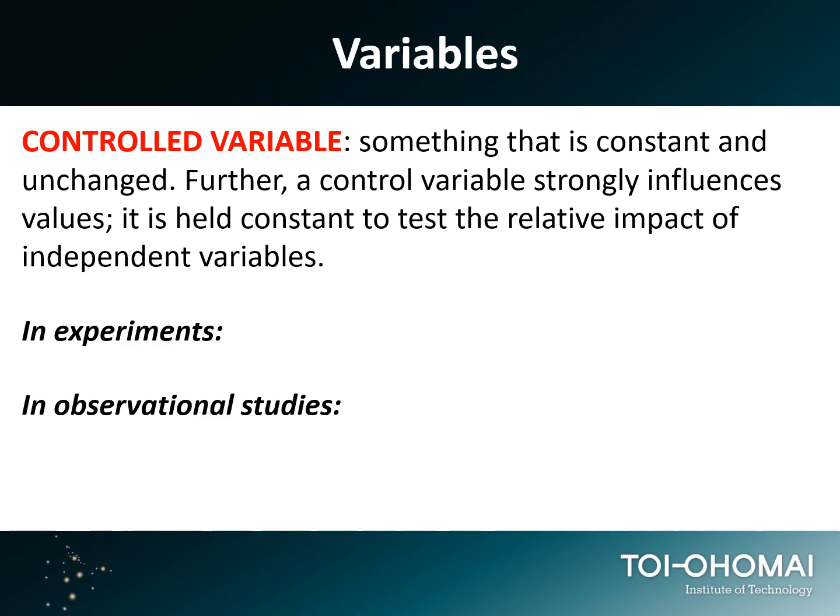And finally, the controlled variable, that's something that we don't change between groups. We're hoping it's exactly the same so that we can say the effect of the independent variable is the strong one that we're measuring. It's the important one. So for example, if you're giving food to the penguins, you give them each the same amount. You might give them 500 grams each per day, no matter what type of food you're giving them.